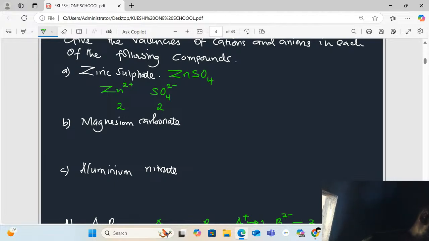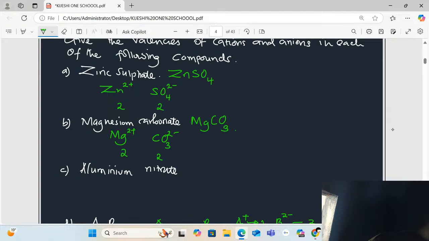Magnesium carbonate. We have magnesium ion or the cation. Then we have the carbonate. This is valence 2 and this is also valence 2. In short, this one is written as MgCO3, like that. But now where we have aluminium nitrate, this is where we do not take things normally.